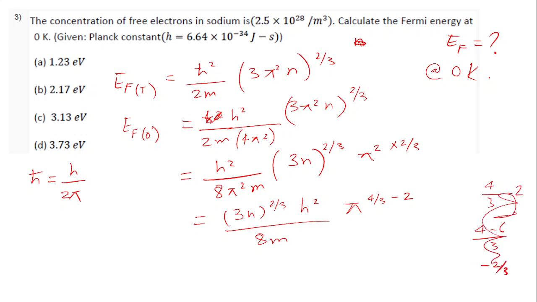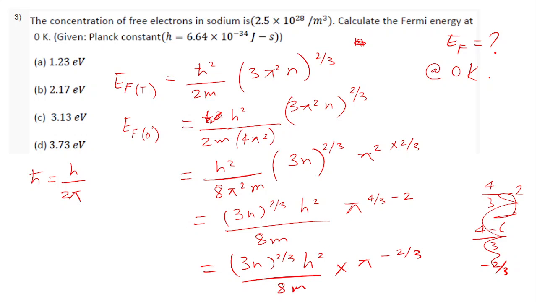Yeah, this will be pi to the power minus 2 by 3, h square divided by 8m.